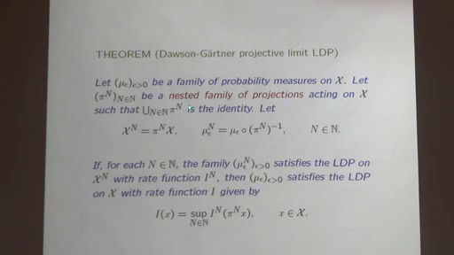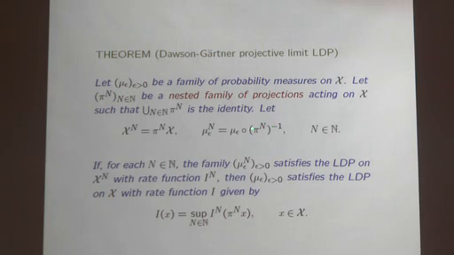And I want this to be nested in the sense that as n goes to infinity, the projection essentially produces the whole space. So I want the union of all the projections to be just no projection at all, and I want them nested so that they're ordered. And I'm going to transform my measure with all these projections, and I'm going to get projected measures.